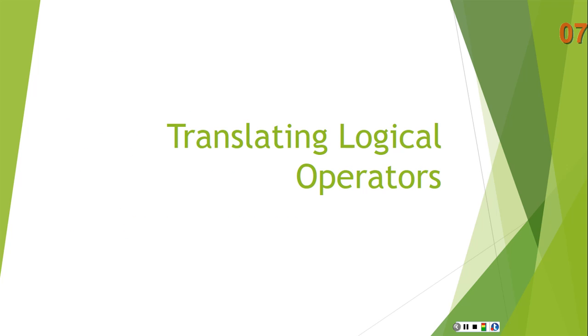Okay, so now that we know how to translate simple statements into our logical language, and we know the difference between a simple statement and a compound statement, I'll teach you how to translate logical operators into our symbolic language.